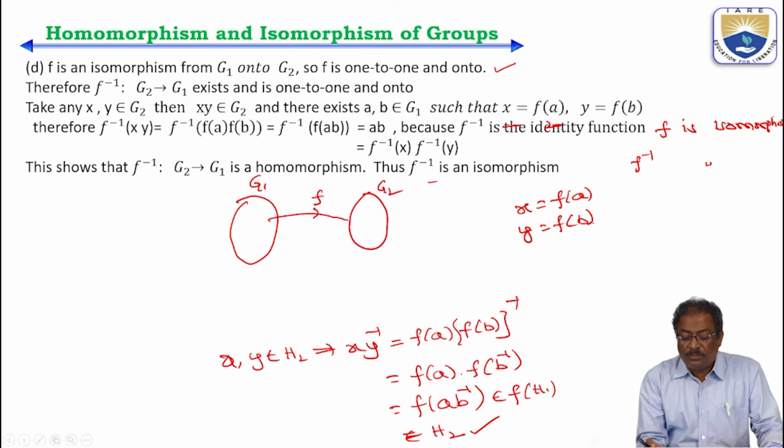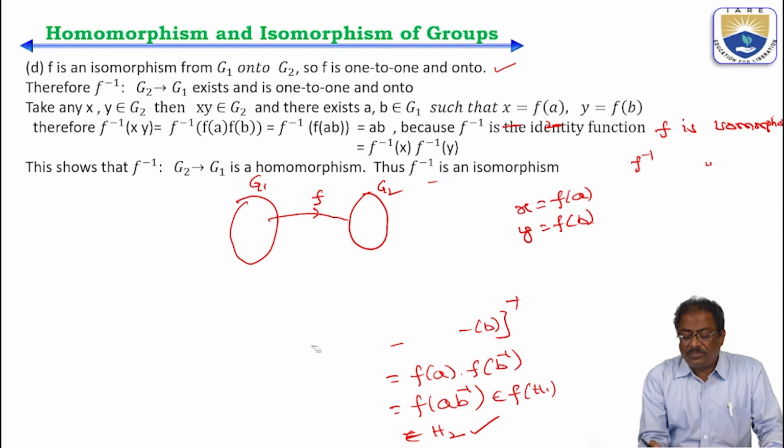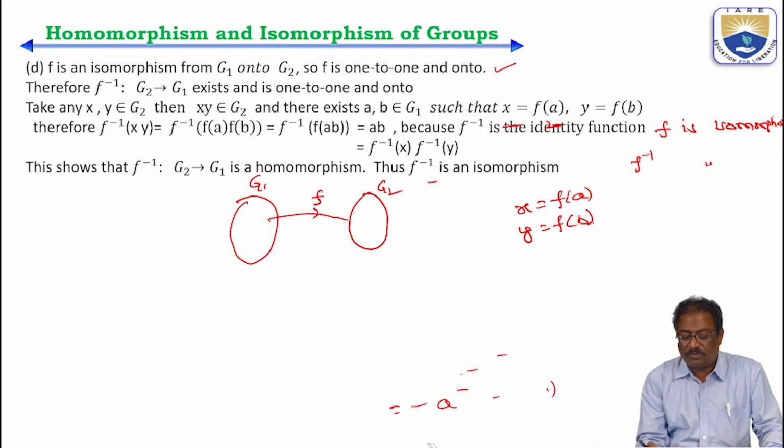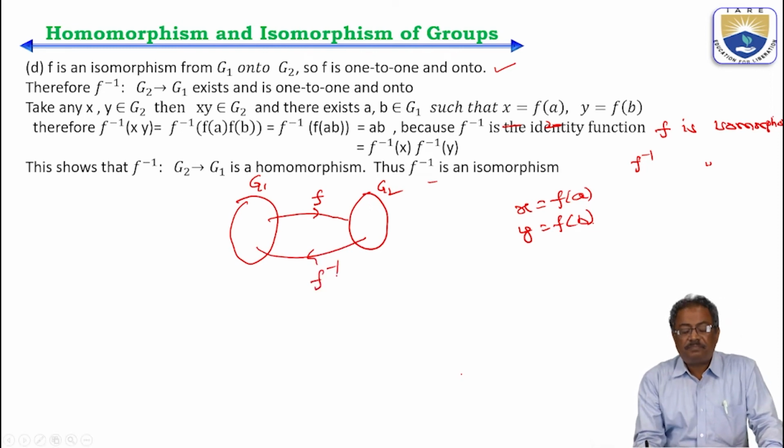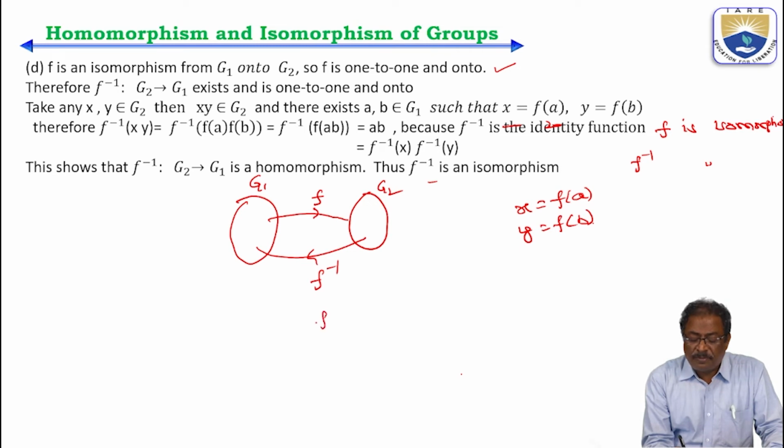Whenever the function is one-one, onto, and a homomorphism, then if any function is one-one and onto, it is invertible. So F inverse exists. And F is from G1 to G2, then F inverse is from G2 to G1.